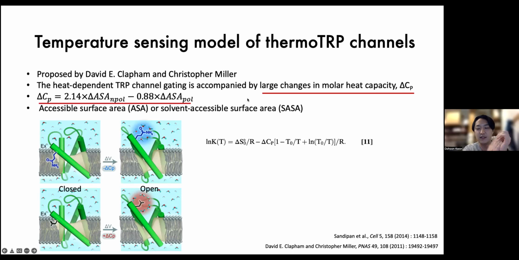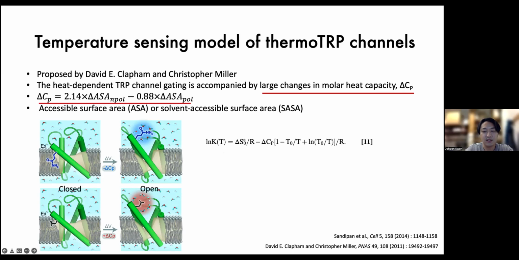This is one of the models. Let's imagine this channel is a heat-dependent channel, and this is the closed state, and this is the open state. If there is one hydrophobic residue, you can see here, it's buried in the closed state and exposed to the solvent in the open state.